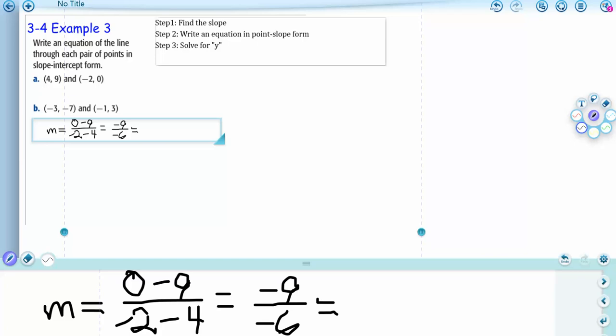I have two negatives which cancel out to a positive. 9 and 6 are both divisible by 3, so I can reduce my top and bottom by dividing both by 3. My simplified fraction is 3 over 2. So that's my slope for A.